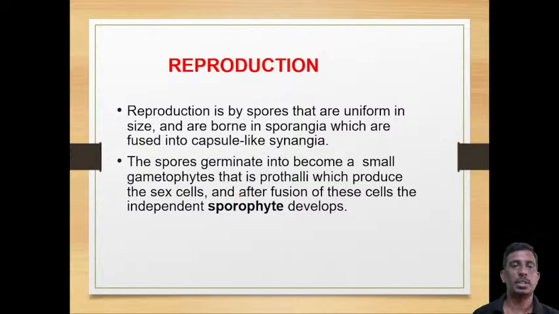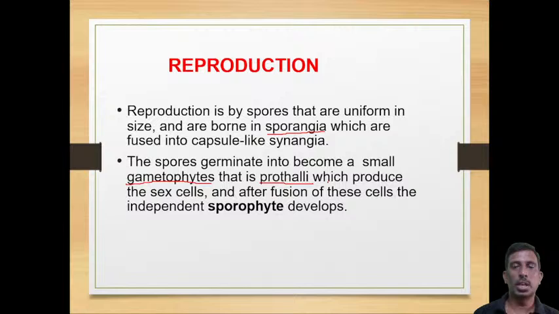The next part is reproduction. So reproduction is by spores, which are produced inside sporangia. When these spores fall in the soil, they germinate into a haploid gametophyte, called prothallus.